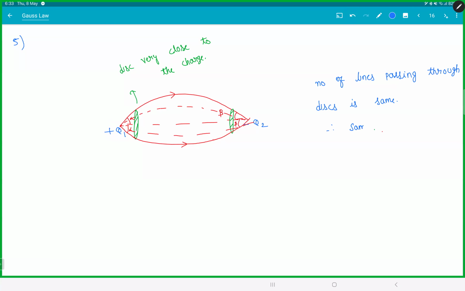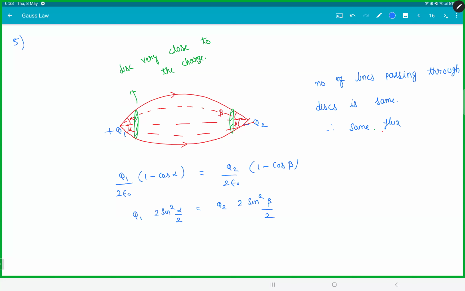So you should know the previous question's result. The flux will be Q1 by 2 epsilon times 1 minus cos alpha. This is Q2, we are just checking the magnitude. So Q2 by 2 epsilon times 1 minus cos beta. 2 epsilon will cancel and 1 minus cos alpha will be 2 sine square alpha by 2. This will be Q2 into 2 sine square beta by 2. That's your relation between alpha and beta.